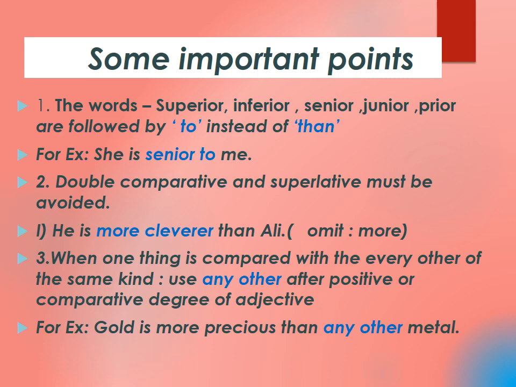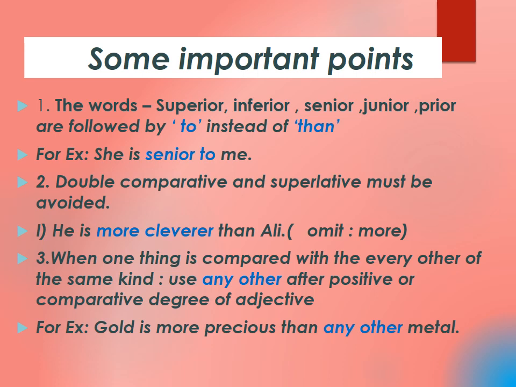The third point is, when one thing is compared with every other of the same kind, use any other after the positive or comparative degree of the adjective. Like if I compare gold, gold is a metal. So if I compare it with any other metal, in that case I need to exclude gold from the other metals.